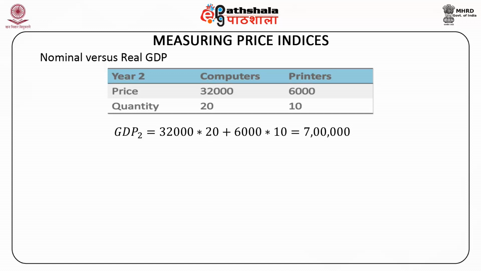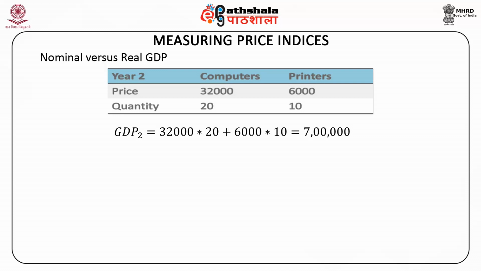Therefore, we can see that the GDP has increased from 3,25,000 to 7 lakh. However, not all of this can be attributed to the increase in quantities of computers and printers.